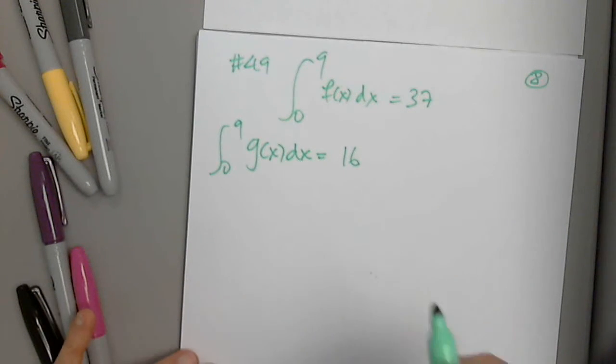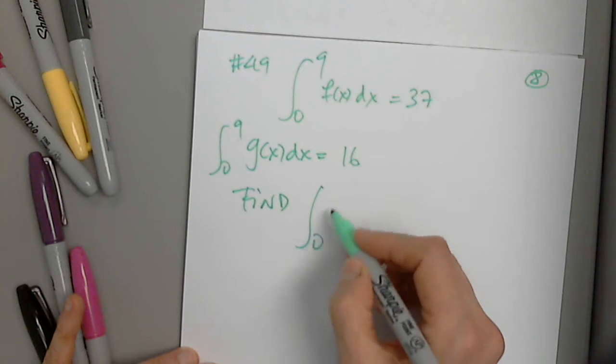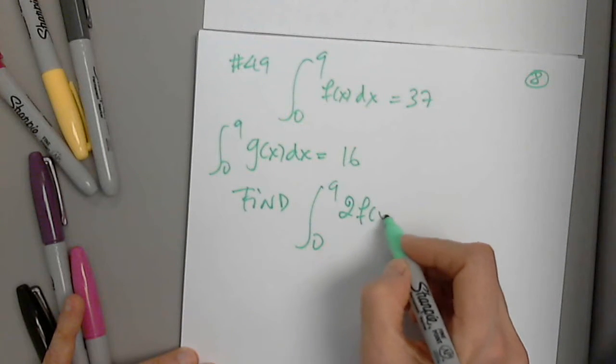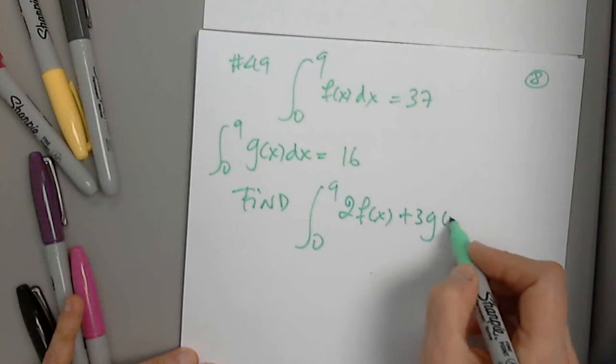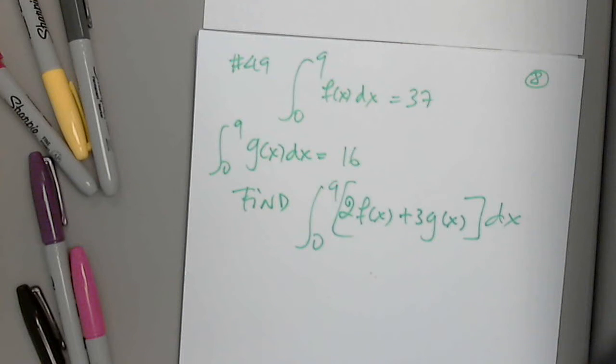And now they're asking us to find the integral from 0 to 9 of 2 f of x plus 3 g of x dx. Again, applying the same properties over and over. Any questions and any ideas?